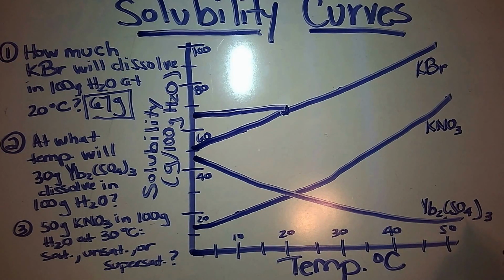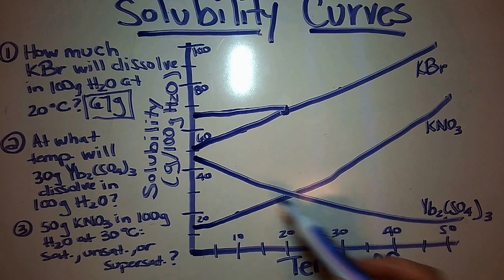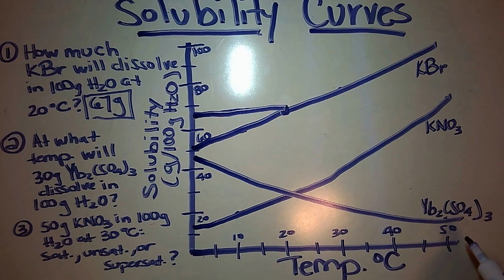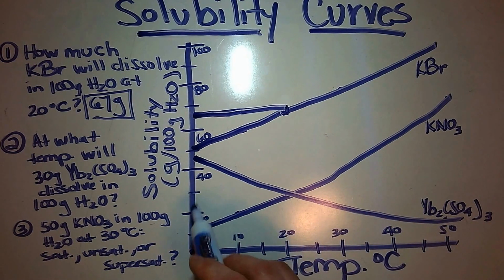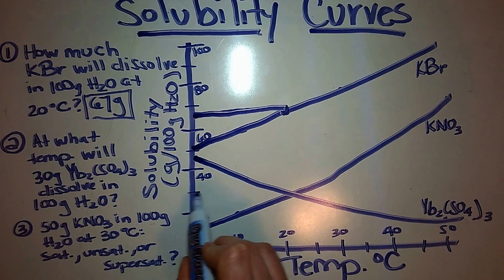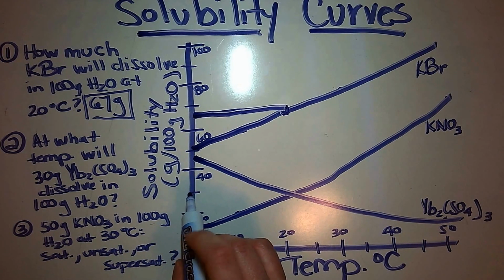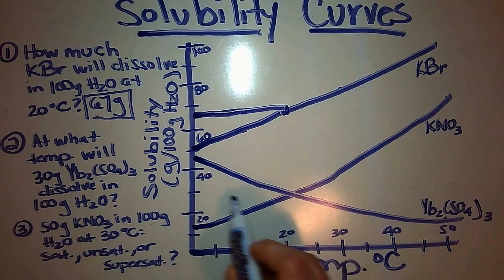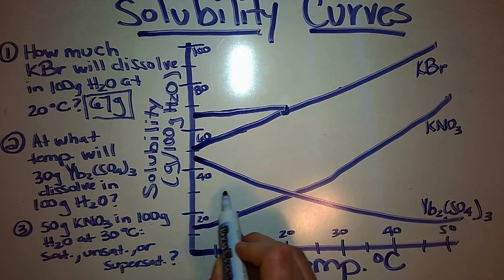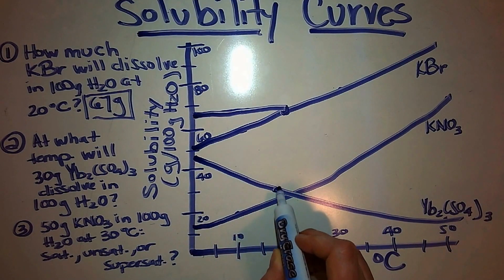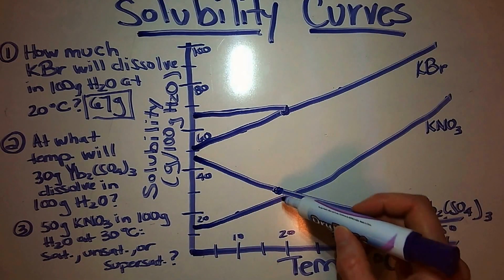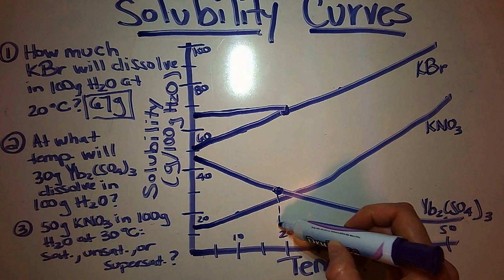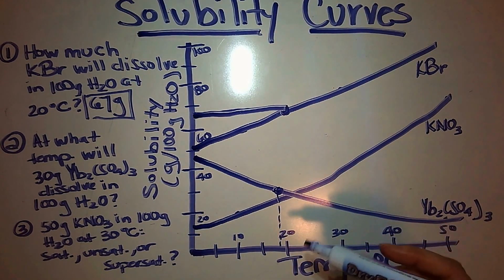So I'm asked at what temperature will 30 grams of my substance dissolve? So this time I'm starting with a mass. Here's my 30 line. So I'm going to start at my 30 and I'm going to move over until it meets my line. I'm going to do my little dashes down.